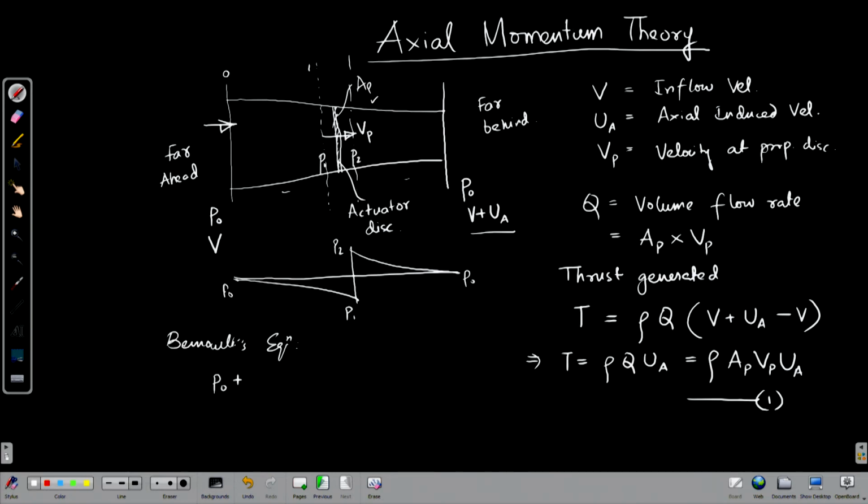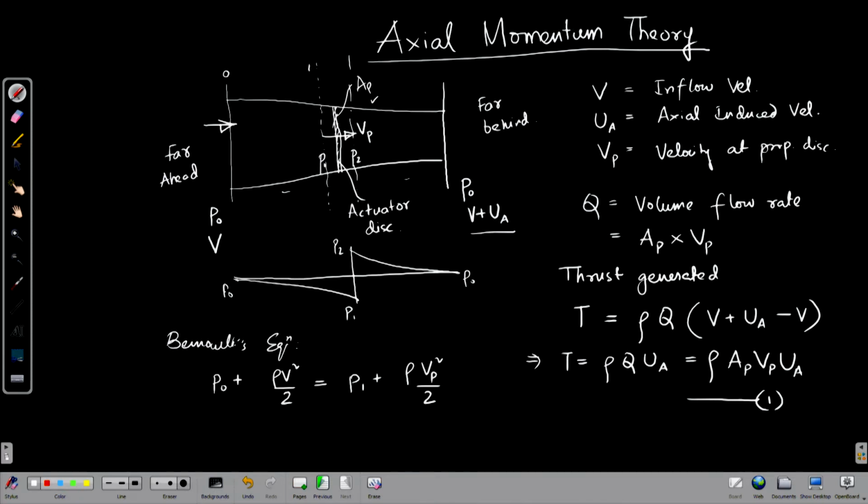P0 plus rho V square by 2 equals P1 plus rho Vp square by 2. Here the assumption is that we are taking the plane section just ahead of the propeller disc, so the velocity here is equal to the velocity on the propeller disc.